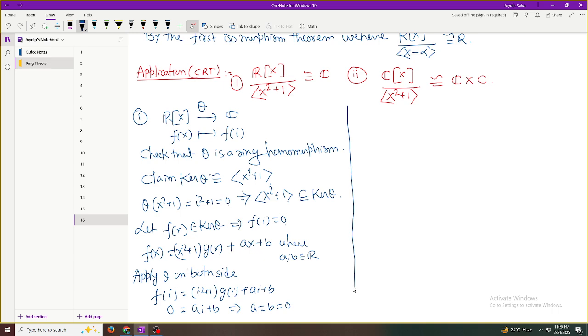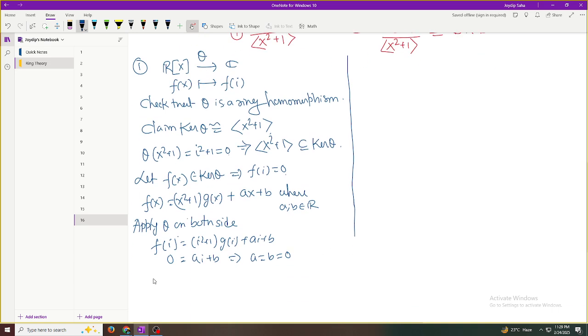Hence f(x) equals x square plus 1 times g(x). This implies f(x) belongs to the ideal generated by x square plus 1. So the kernel of theta is exactly the ideal generated by x square plus 1.